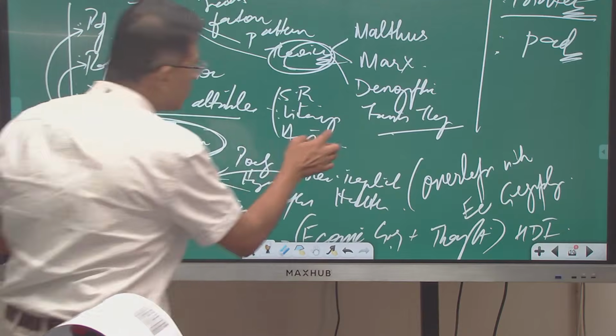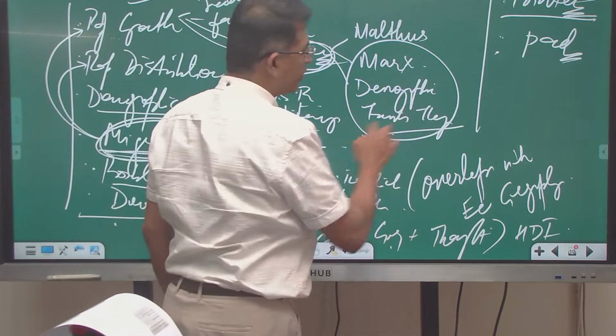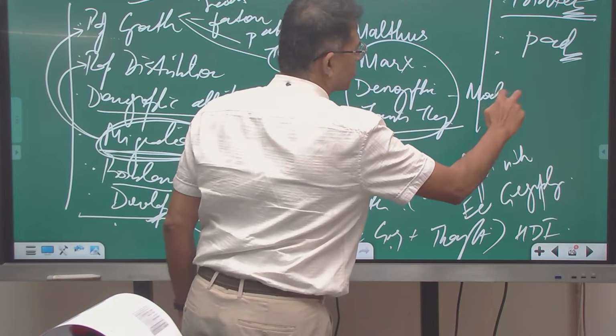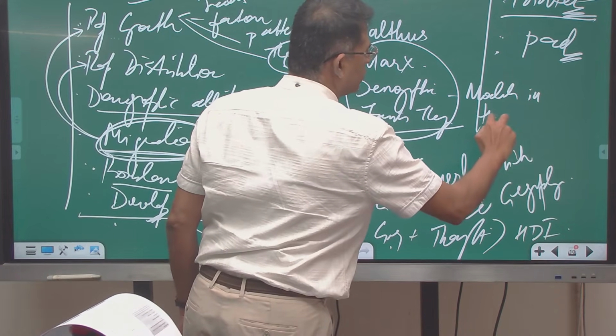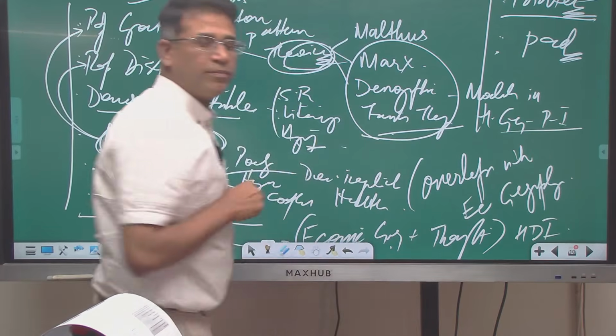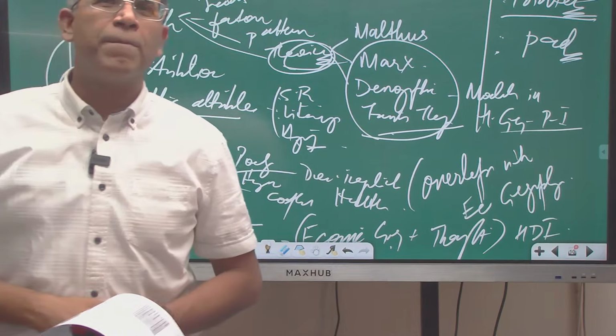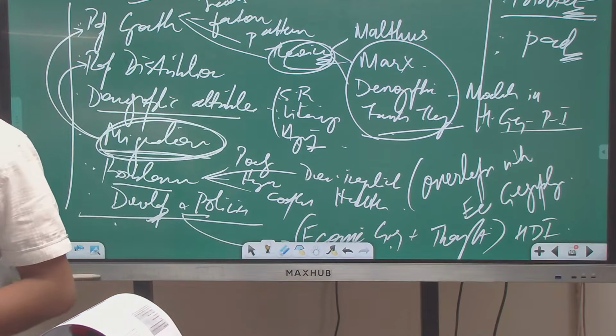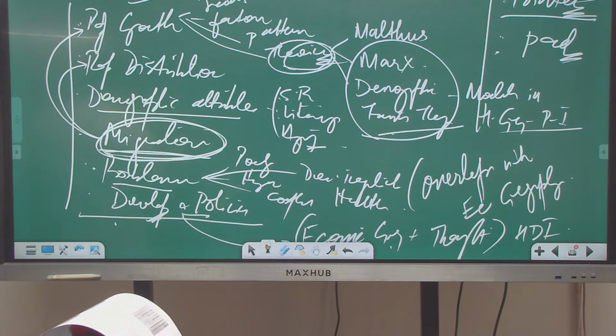And these are part of models in human geography, paper 1. I'm just giving a scope of what all topics I'll cover from where.